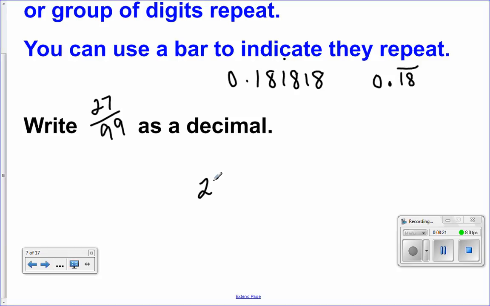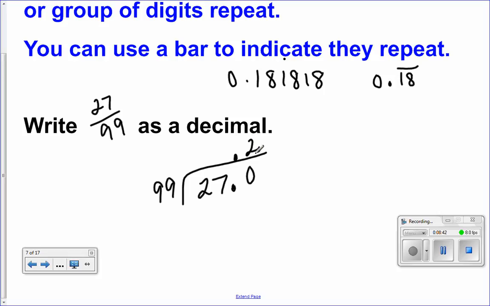So I have 27 going inside the house, 99 goes on the outside. I want to know how many times can 99 go into 27? Well, it can't. So I have to add a decimal and add a 0. Now, how many times does 99 go into 270?